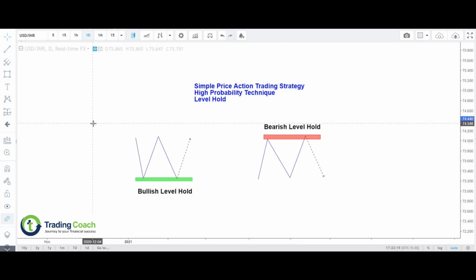Let us start by looking at some diagrammatic examples of both bullish level hold as well as bearish level hold patterns. The structure of this setup is very simple. Let us start with bullish level hold. You'll have a normal support level, and prices will be holding at this support level.